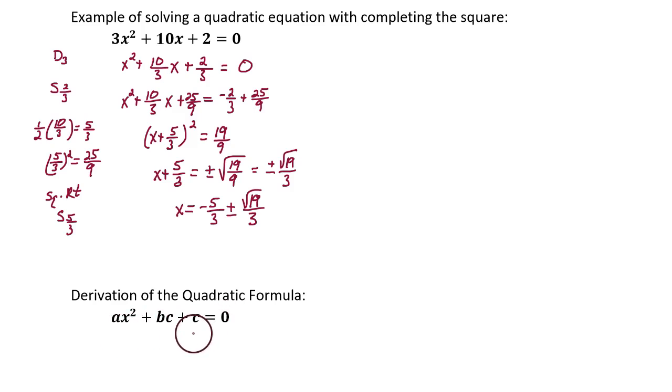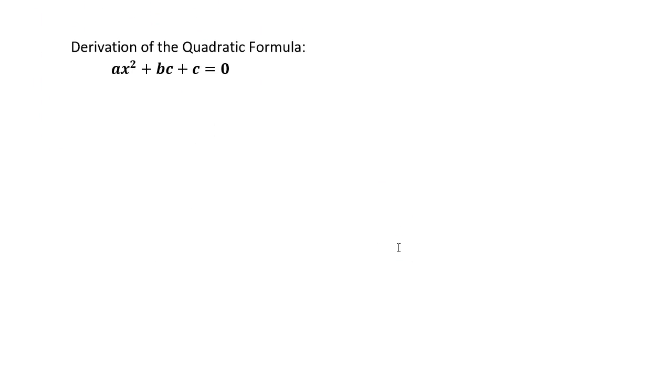When we get all done, we will create a formula that goes x equals, and on the right side, instead of numbers such as negative 5/3 or the square root of 19/3, we will have our variables a, b, and c. With that formula, we can solve any quadratic equation for the rest of the school year. Let's do that in the next part of the notes.